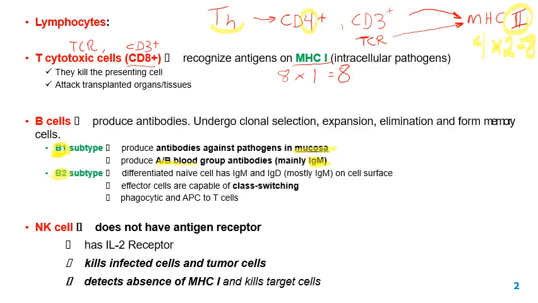Okay? Before they get to see antigen, remember they are naive. When they are naive, they have a certain type of B cell receptor on their surface. Those are very, very specific, right?